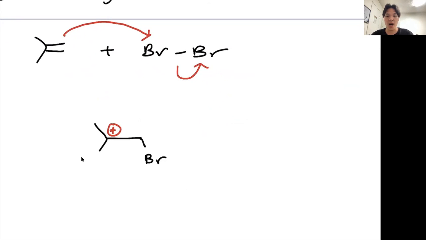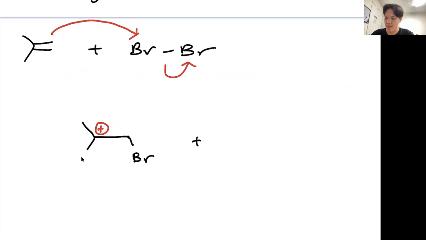And then there comes that problem that we're worried about, right? We have 2 nucleophiles to work with. We have a bromide ion that's freely floating around in solution, or we have the bromine that's attached to our molecule, right? And then the problem here is which one is going to attack?